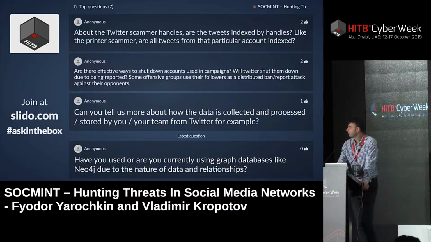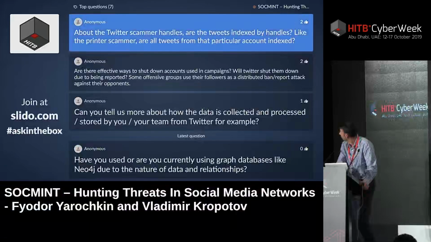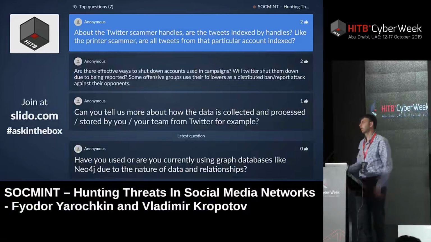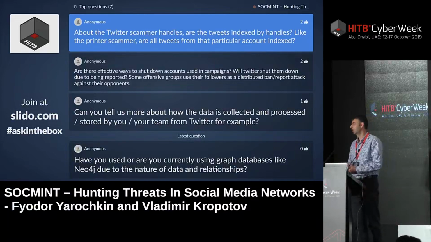Thank you. We have a few questions from Slido. About the Twitter scammer handles, are the tweets indexed by handles? Like the printer scammer, are all tweets from that particular account indexed? So regarding this situation, you can keep as many indicators as you can, such as phone numbers and handles, because everything has a limited lifetime. Telecommunication operators can take down the phone, and they have to switch to another one, and Twitter can take down the handles. It's not only going on Twitter.